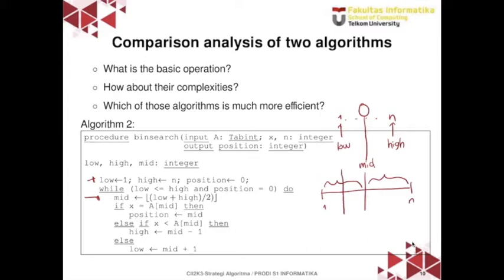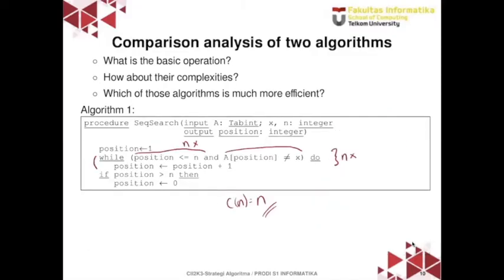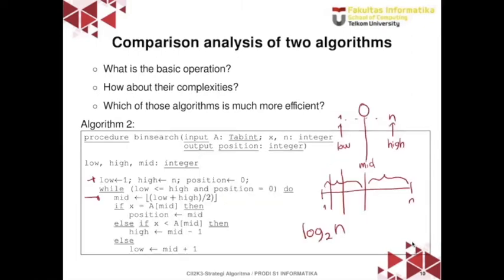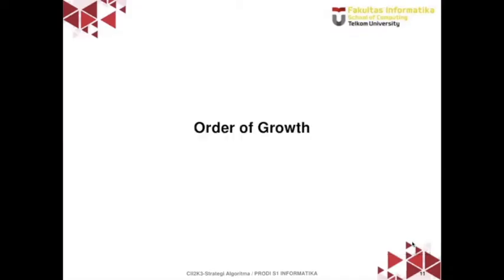It will be divided by 2 again in the next iteration, and divided by 2 again in the next iteration, and so on. So we can say that the complexity is log 2 n. So which of those algorithms is much more efficient? Here we have log 2 n, and the previous one we have n, so it is obvious that the second one is much more efficient than the first one.